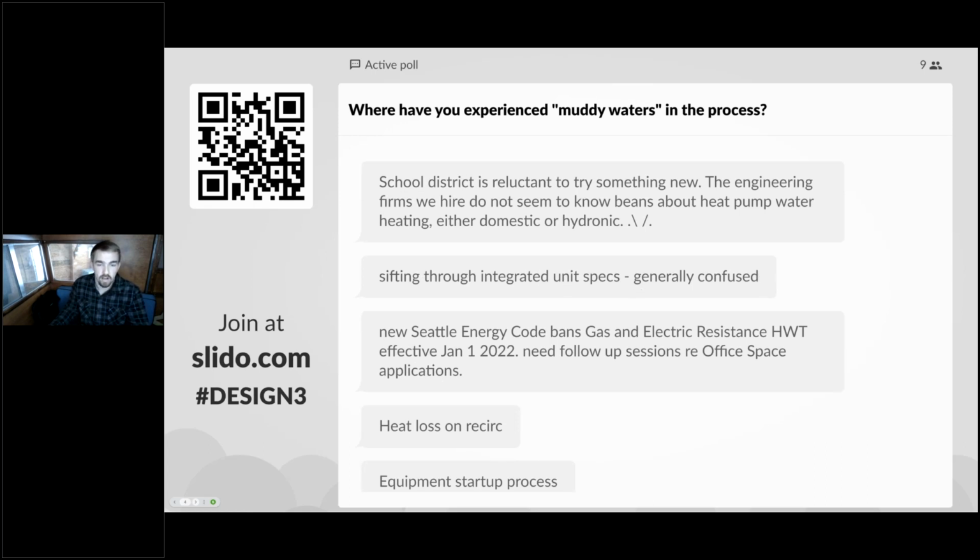Yes, there's a lot of different information that doesn't seem to line up sometimes between manufacturers, but hopefully we can put those into more specific buckets so you'll be able to more generally look at a heat pump category after this. And the new Seattle Energy Code bans gas and electric resistance water heating, effective January 1st, 2022.